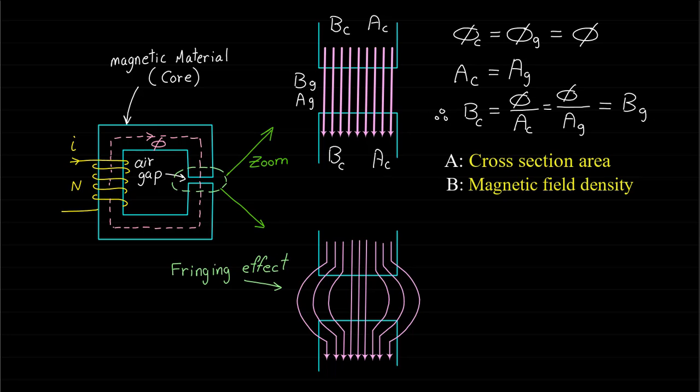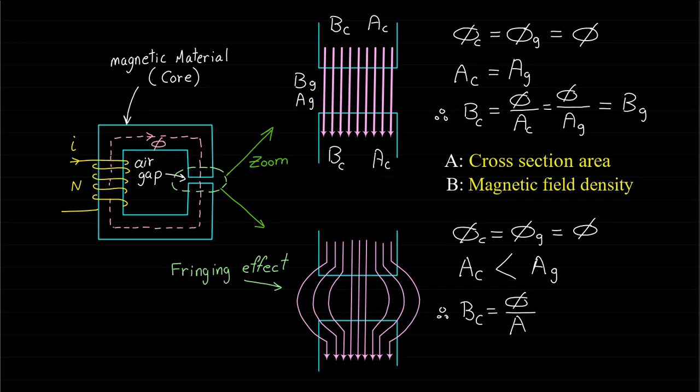The fringing behavior causes an increase in the effective cross-section area of the air gap. In other words, the cross-section area of the air gap will be greater than the cross-section area of the magnetic material, or Ag greater than Ac, and therefore Bg less than Bc.